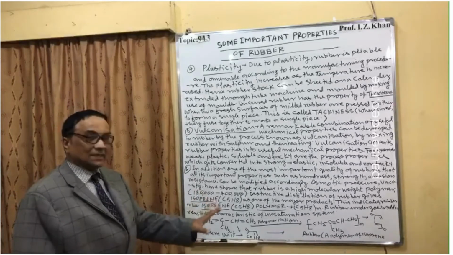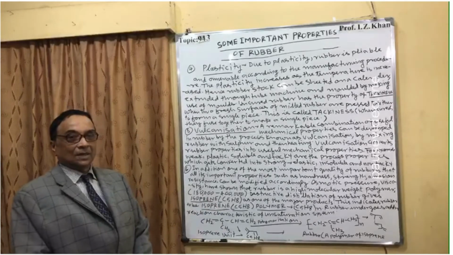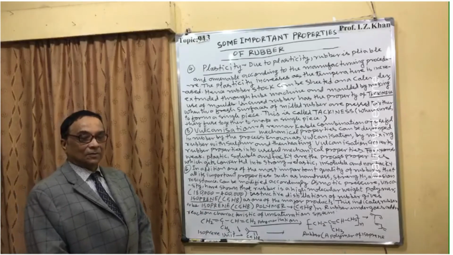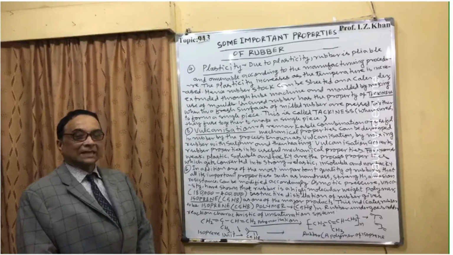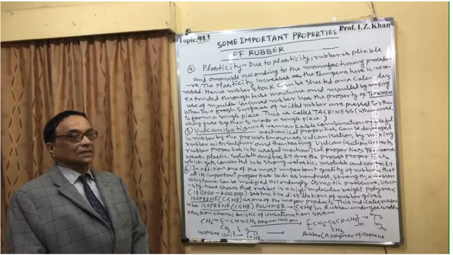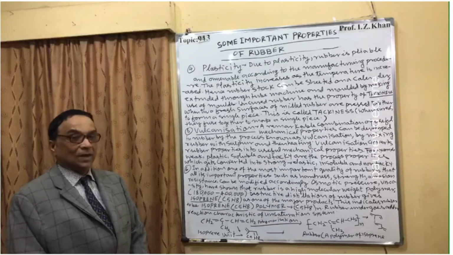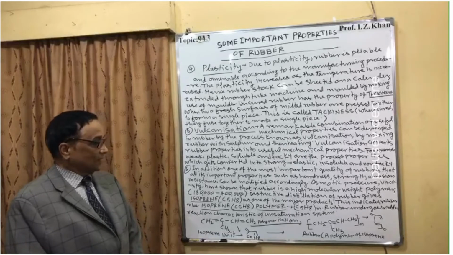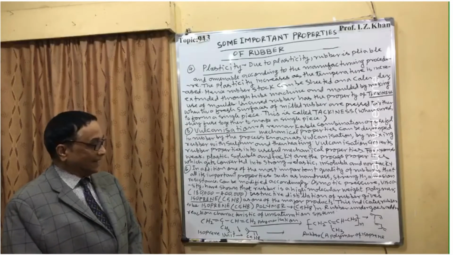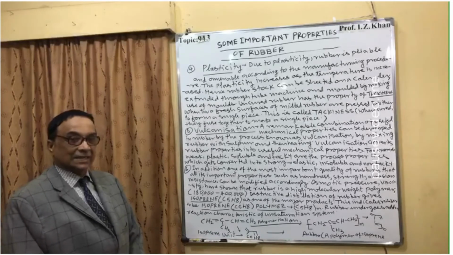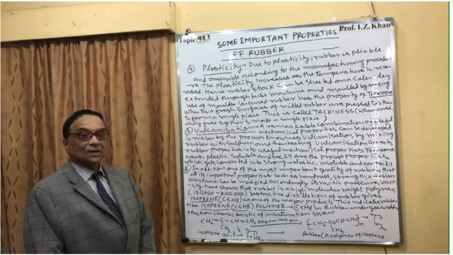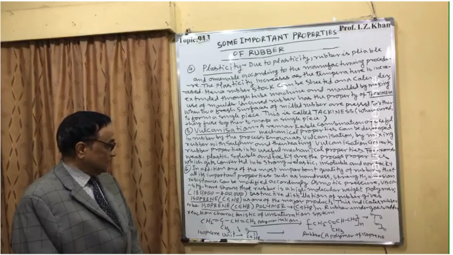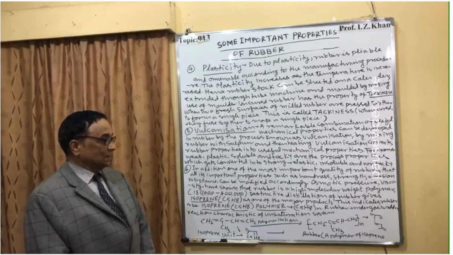When it is subjected to destructive distillation, the simplest form of molecule we get is the isoprene unit, C5H8, and that's why it is known as isoprene polymer, (C5H8)n. Rubber undergoes addition reactions, and this confirms that rubber contains unsaturation, a reaction characteristic of unsaturated systems.